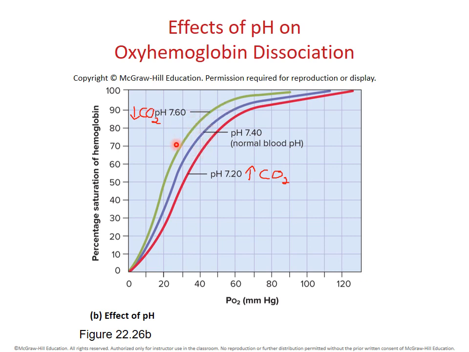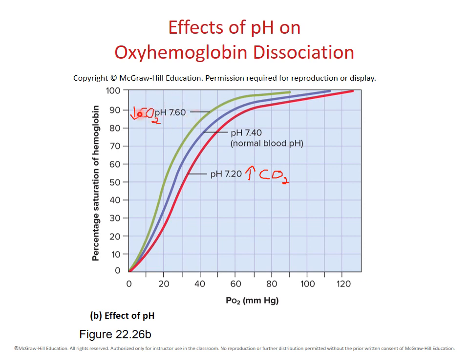We see the opposite effect here when the pH is higher and CO2 levels are low. What this usually means is that tissues are very well oxygenated. There's plenty of blood flow taking away carbon dioxide. So carbon dioxide levels are relatively low, resulting in pHs that are a little bit high.